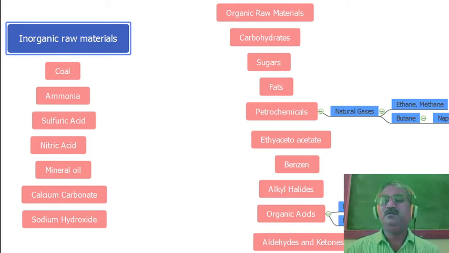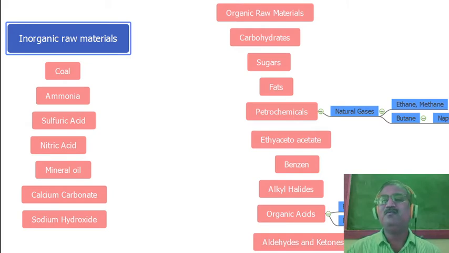Then the third important raw material is sulfuric acid, which comes under the essential heavy chemicals, and sulfuric acid is one of the inorganic raw materials. The next one is nitric acid. All these three, ammonia, sulfuric acid and nitric acid, are considered heavy chemicals which are mostly useful in various types of synthetic or manufacturing processes.